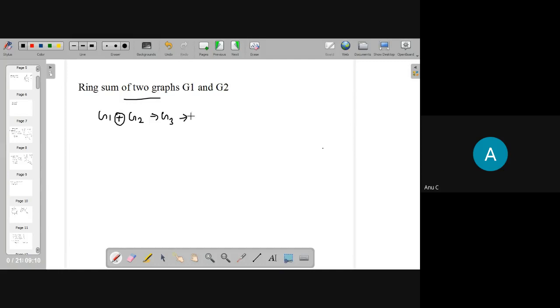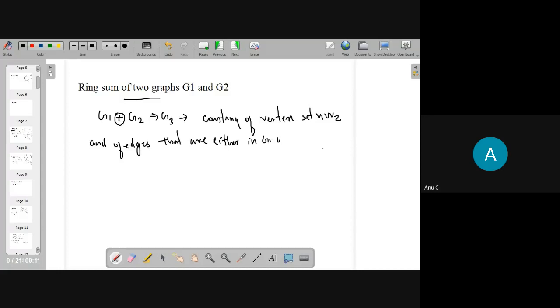This G3 consists of the vertex set V1 union V2 and of edges that are either in G1 or G2 but not in both.